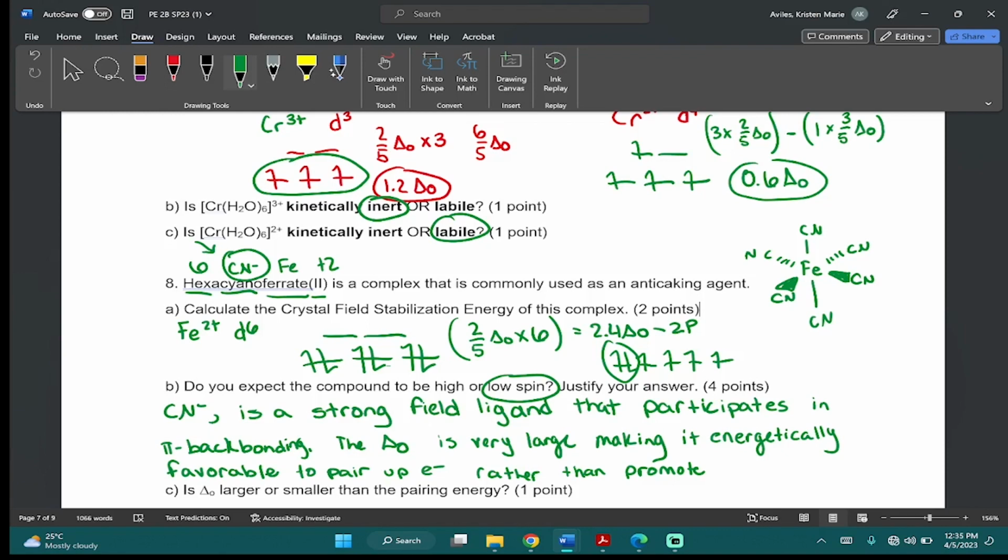Would we expect NH3 to be a strong field ligand? No. NH3 is moderate, I would say. So the main strong field ones would be CN and CO. For pi back bonding, CN and CO are strong field, also phosphorus and NO2. Does NO2 do pi back bonding?